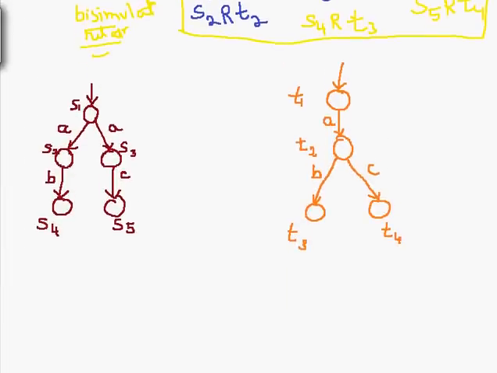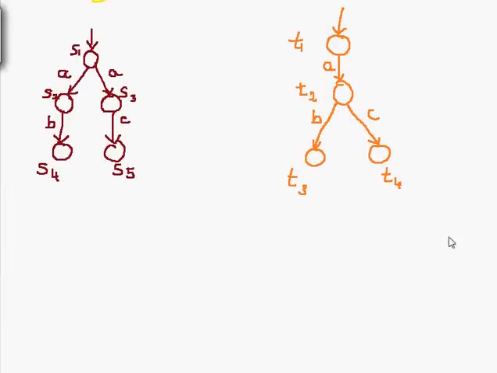I'll take another example where the bisimulation equivalence fails. I have just changed one action in the previous label transition diagrams. That is, instead of B, I have used a C action here. Now let us see whether these exhibit the same behavior.